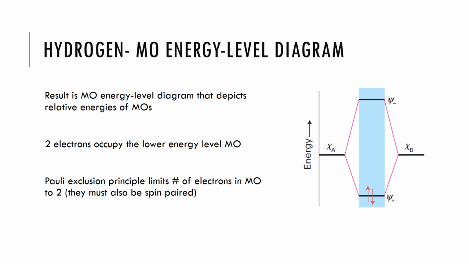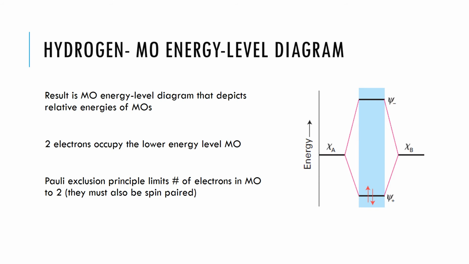So in hydrogen, the XA and XB there are the hydrogen 1s orbitals that are overlapping to generate a bonding and anti-bonding molecular orbital. And you'll see that the two electrons, one from each of the 1s orbitals of hydrogen, go into that bonding molecular orbital. And their energies are lower relative to the two separate hydrogen atoms.